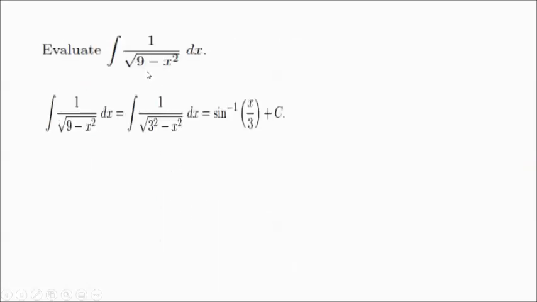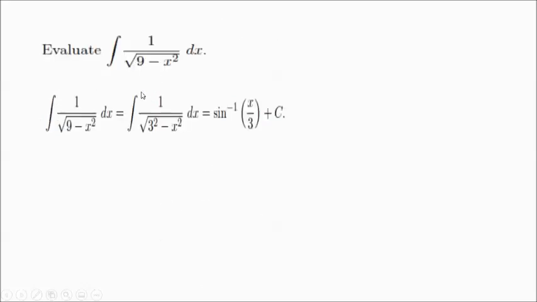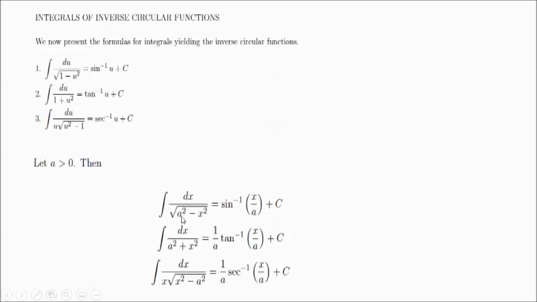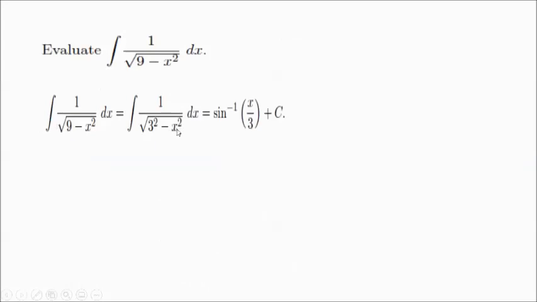Yung general formula. Kasi 3 square yun class. Minus x square. Diba? Ito. Yung 9 square root mo, that is 3. So 3 square. Ibig sabihin yung a niya is 3. Therefore, ganito yung ayos niya. Yung sagot dito is inverse sine x, kasi x naman yung dito. Yung a mo doon is 3. Kaya ito yung sagot.